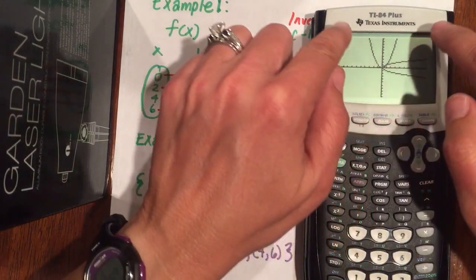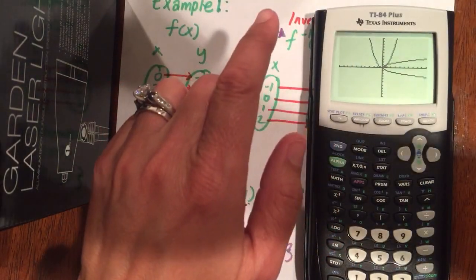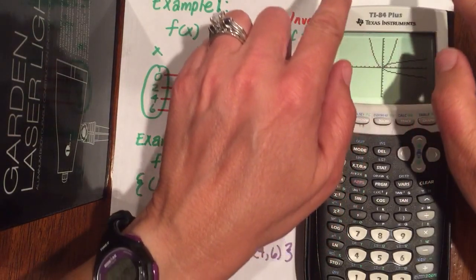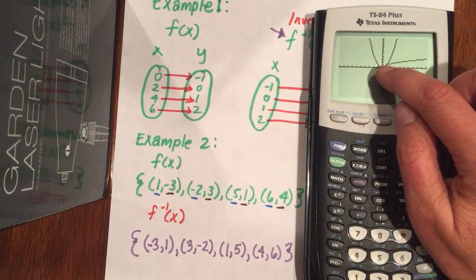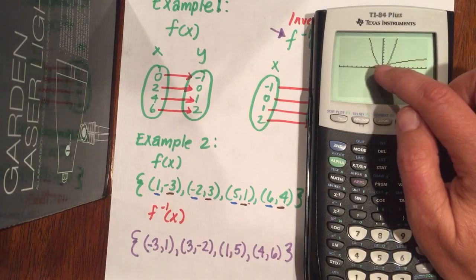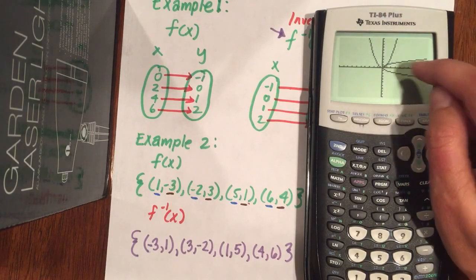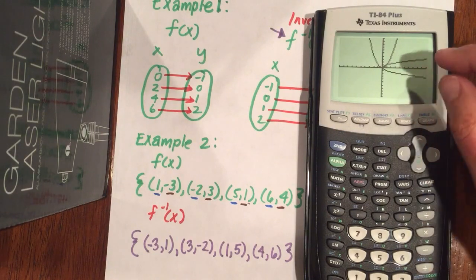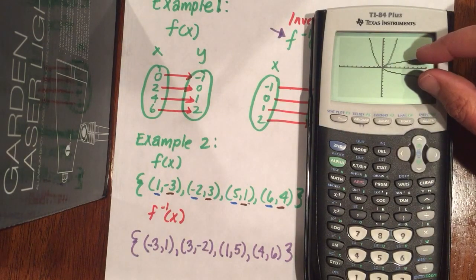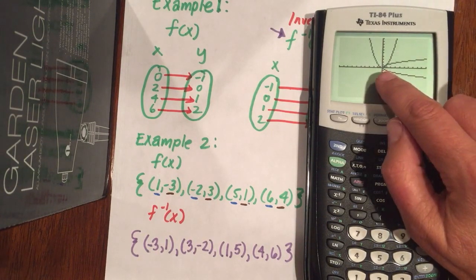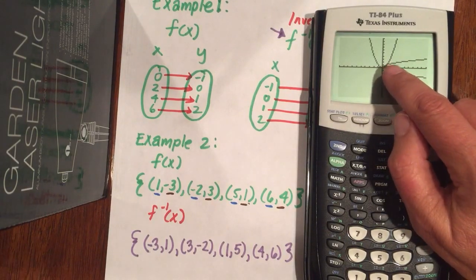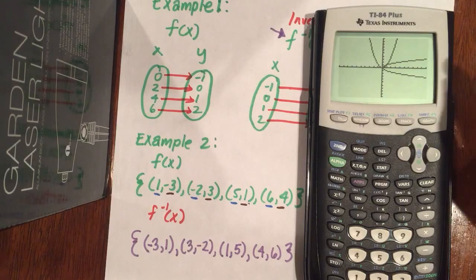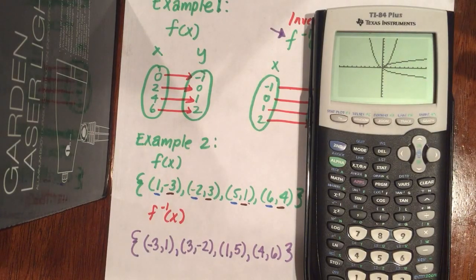Because for the parabola, it goes all the way up, okay? The range for this one would be y is greater than or equal to 0, because it starts at 0 and goes up. Now let's flip it over. Now my domain is x is greater than or equal to 0, because it starts at 0 and goes right. And my y would be all real numbers. So you see how my domain and range have switched.